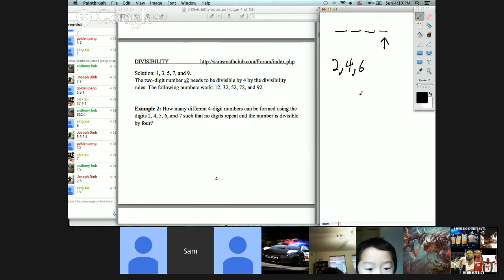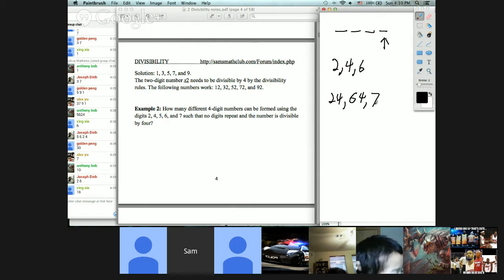So basically we just start listing out the number of ways to get it so that the last 2 digits are divisible by 4. So for example, the easiest one I could think of would be 24. So 24 could go at the end, and then the other digits don't even matter. So then also 64 is divisible by 4, and it's in these 2.